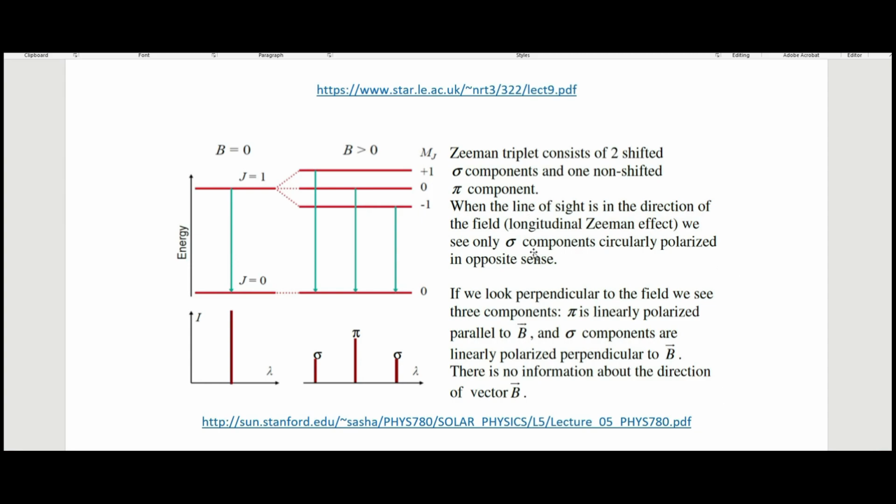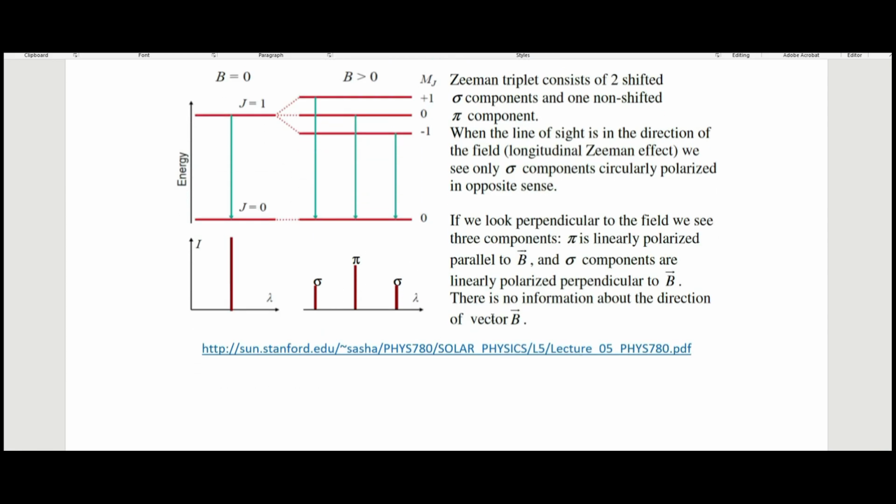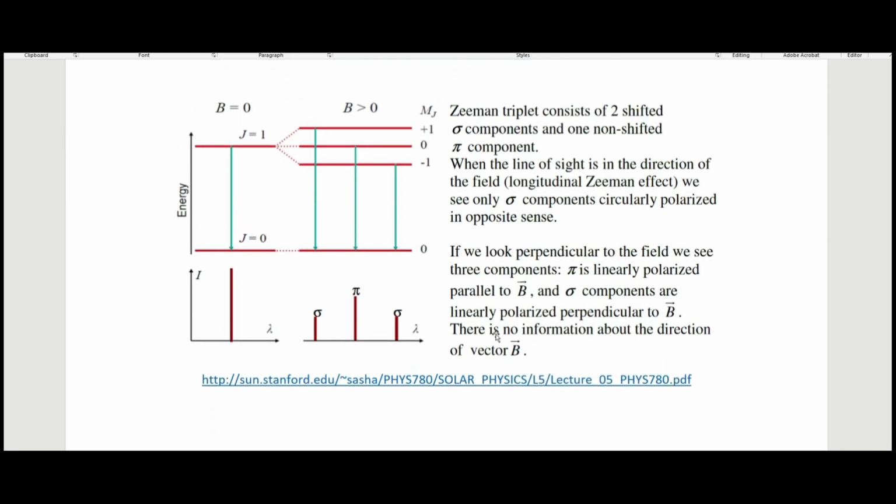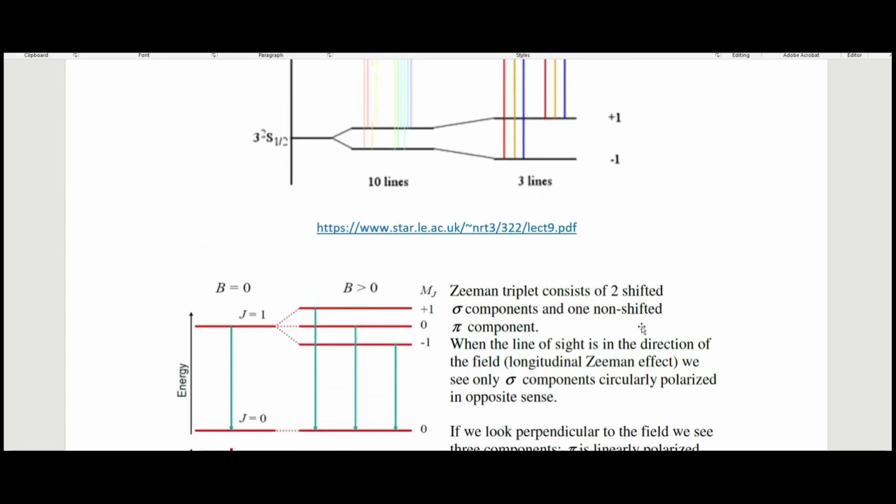And essentially what that will mean is that in the longitudinal, you won't see this center line, but in the transverse, you will see the center line. So you'll see the three different lines, where in the longitudinal, you see just the two lines on either side. And if you want to know more about that, again, you can click this link.